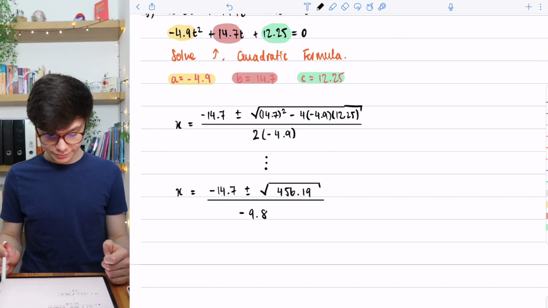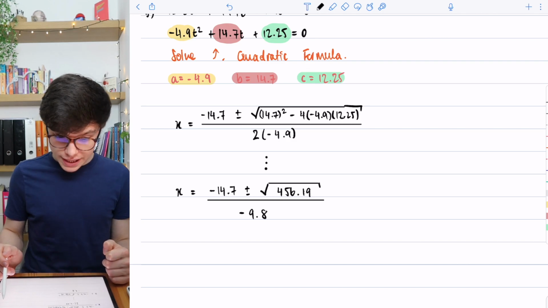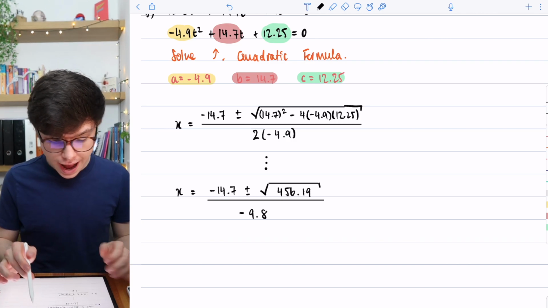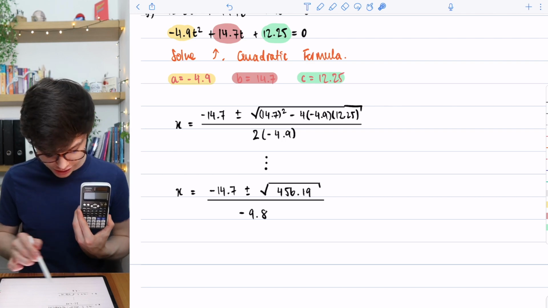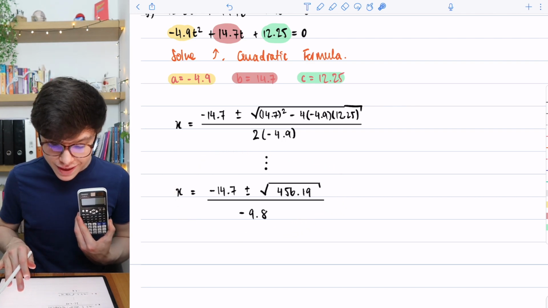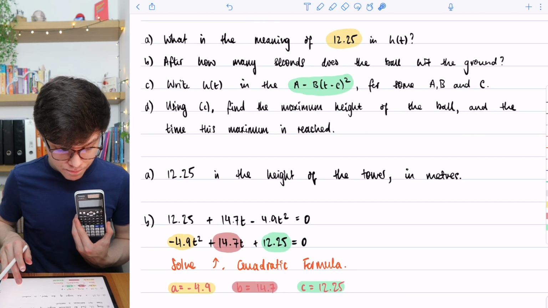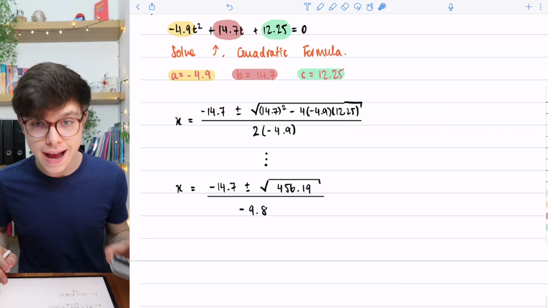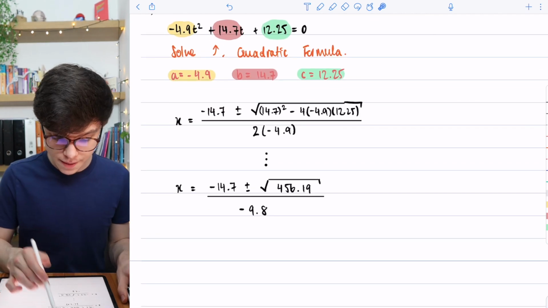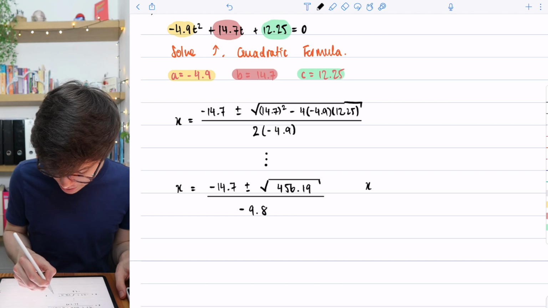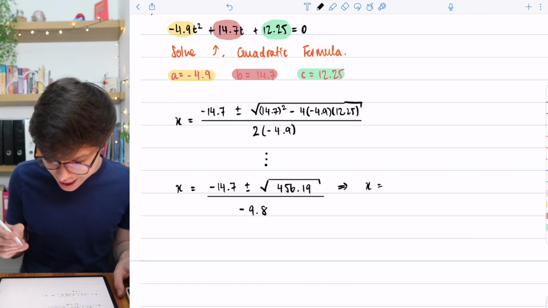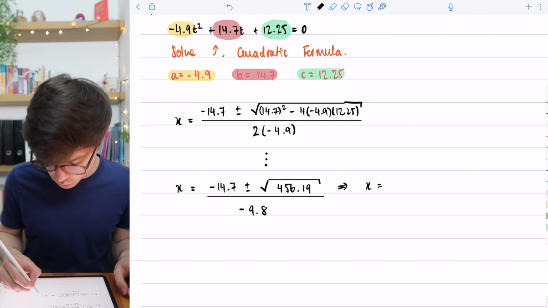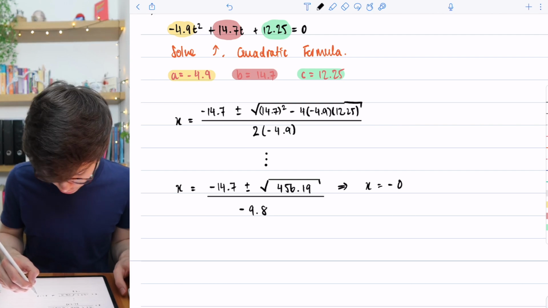Okay, so then all we need to do is solve that. I can just put that into my calculator. We would probably get this in a calculator paper. And when we do that, that tells me that x will either be equal to minus 0.